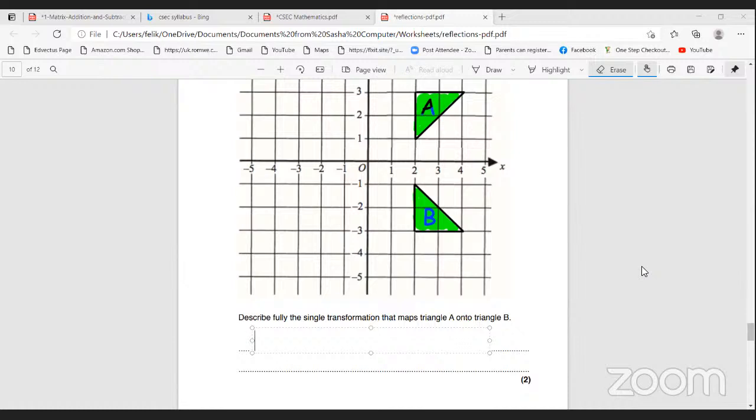So describe fully the transformation that maps triangle A onto triangle B. You're gonna start off by saying this transformation is, and what type of transformation is it? Is it a reflection?